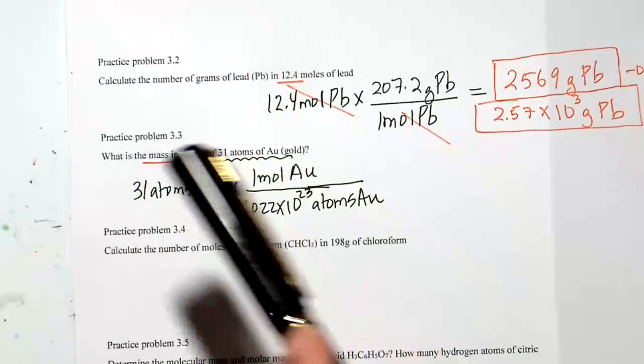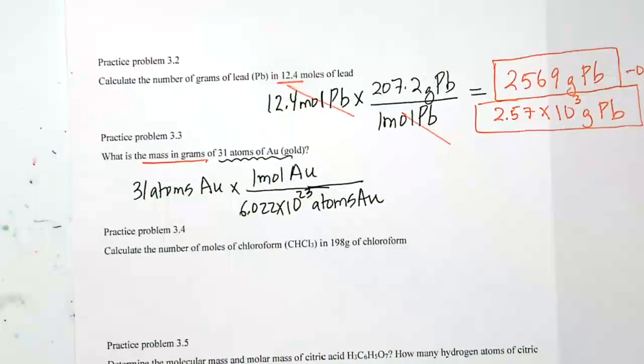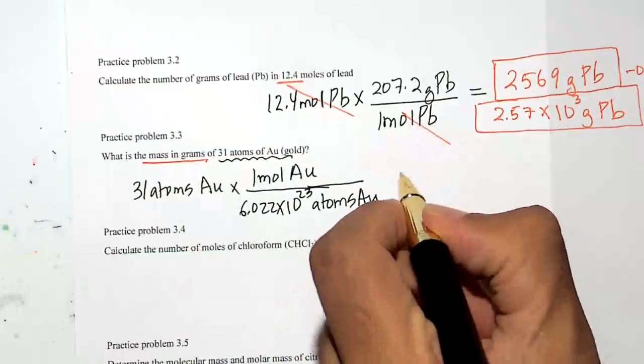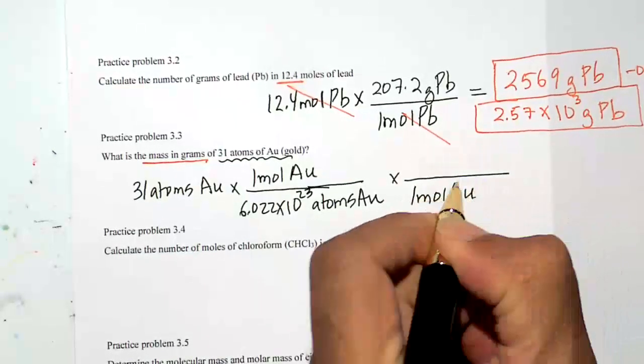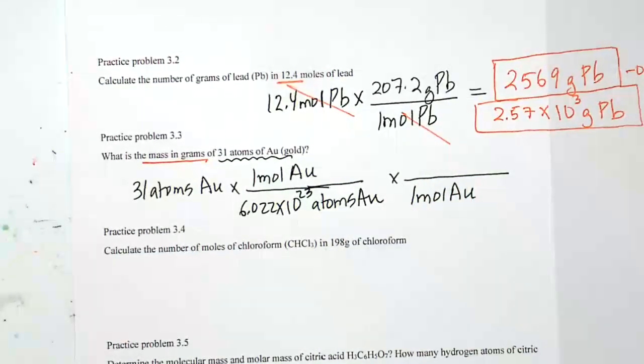Okay, what's our next conversion? We want it to grams. So 1 mole of Au contains how many grams of Au?